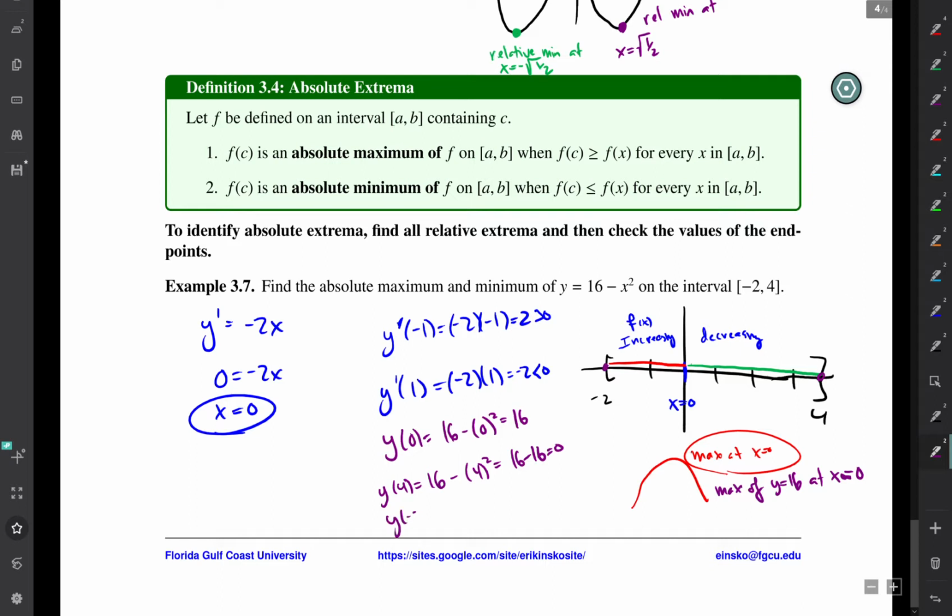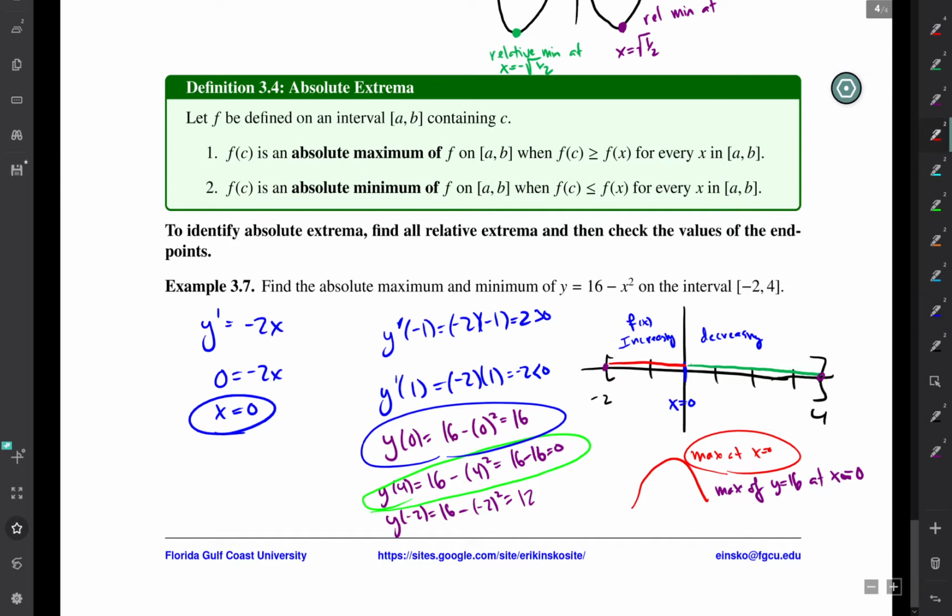If you take y of -2, you get 16 minus -2 squared, which is 12. And so the absolute min is going to be 0 at x equals 4. The absolute max is going to be 16 at x equals 0.